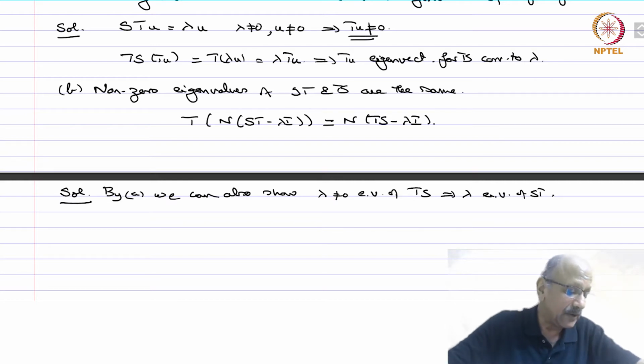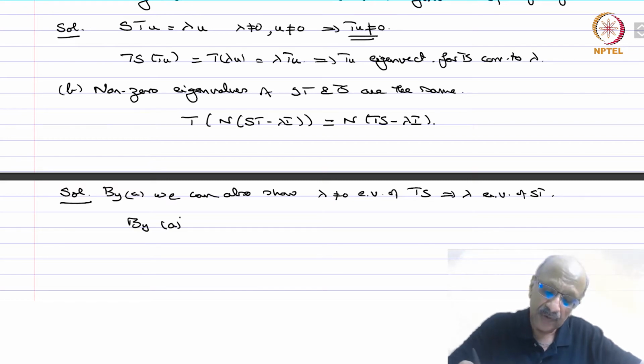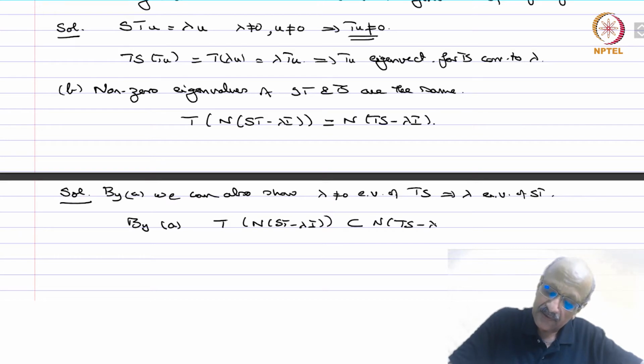And you have already shown, by A again, if u is an eigenvector of ST, then T of u is an eigenvector of TS, and therefore we have shown that T of N of ST minus lambda I is contained in N of TS minus lambda I.